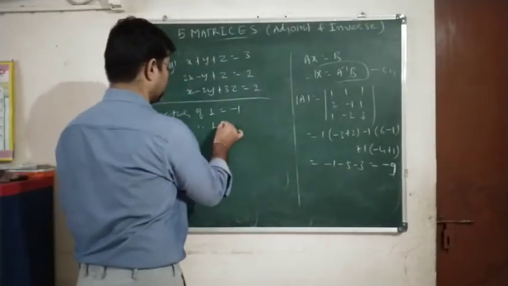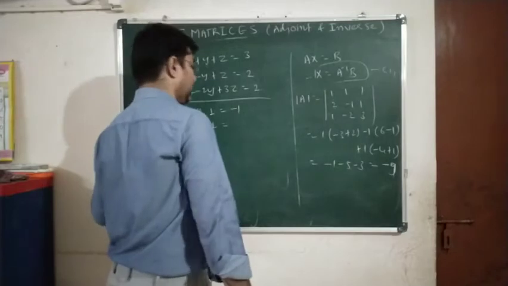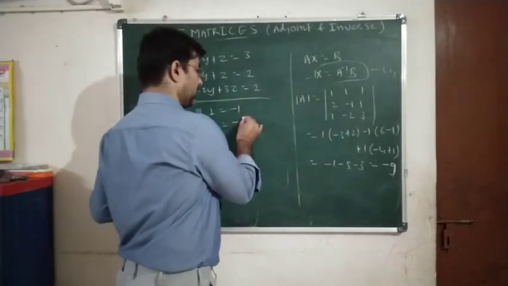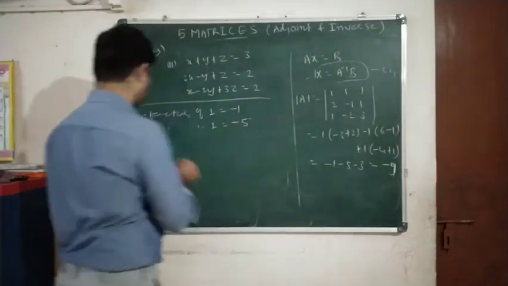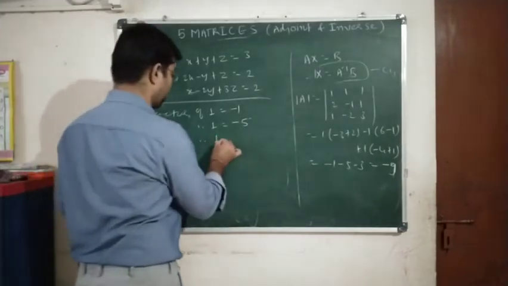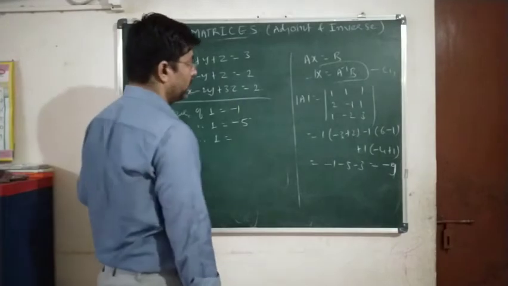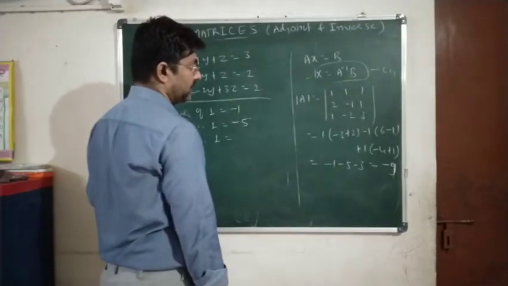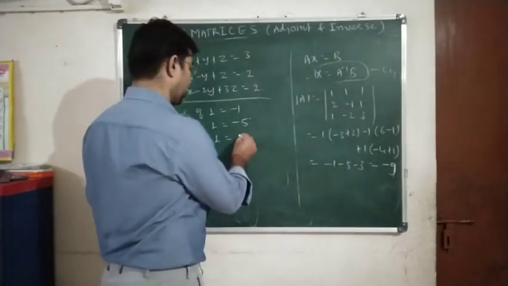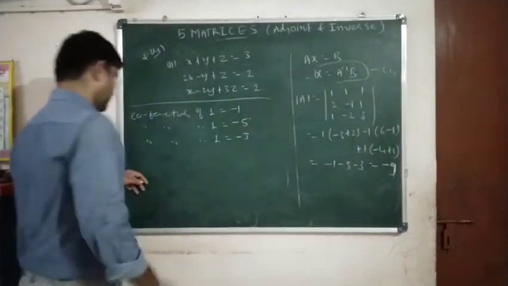Cofactor of the second one will be negative: 6 minus 1 is 5, so minus 5. Then cofactor of A13, the third element of the first row: minus 4 plus 1 is minus 3, and the sign will be positive only.